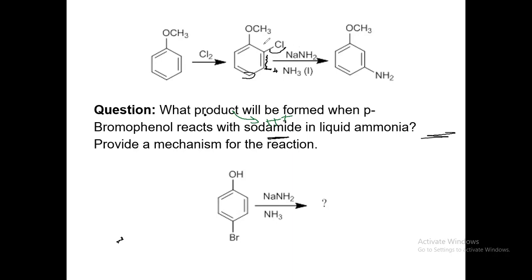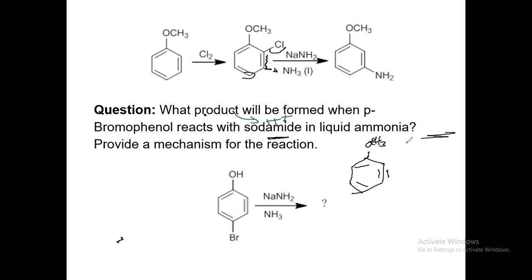So if I'm supposed to explain this in detail, between this and this, we are forming something like this one. So this is it.